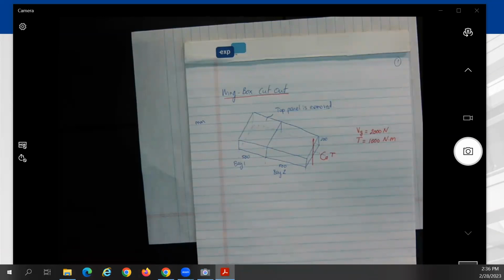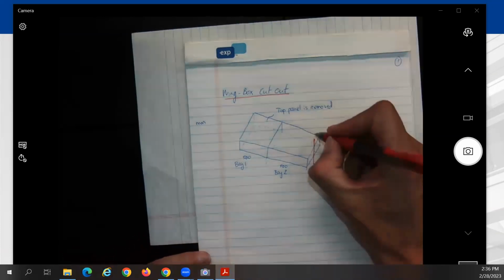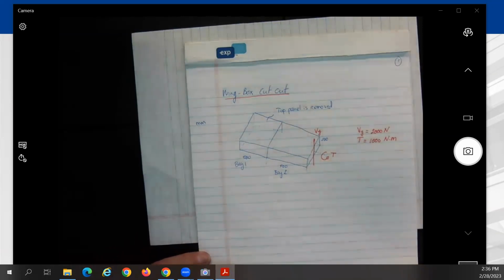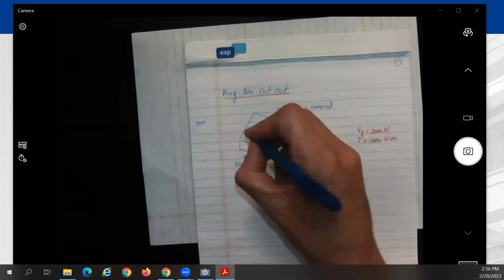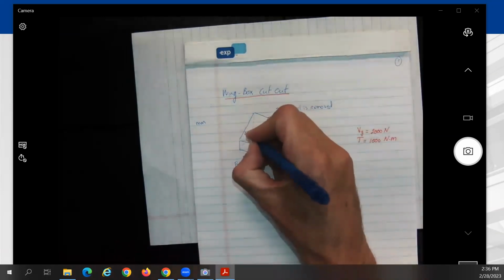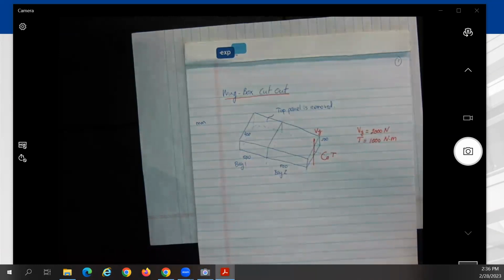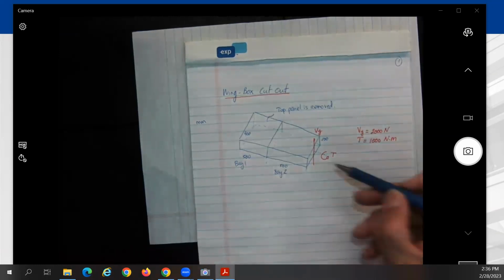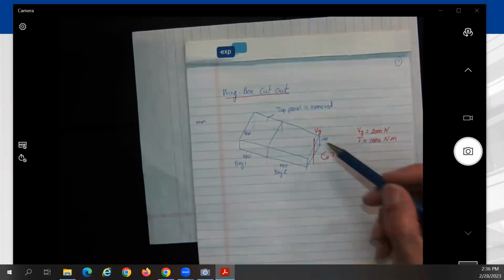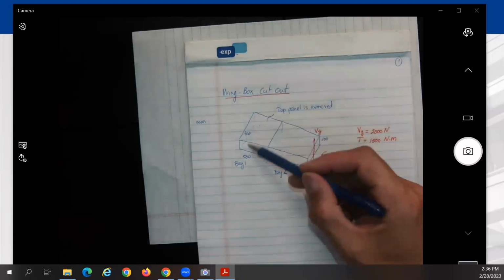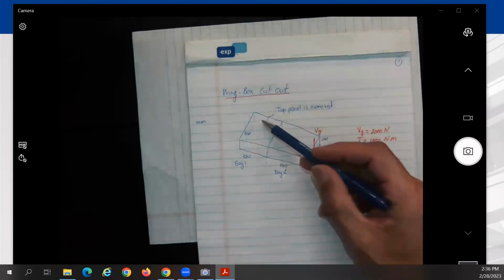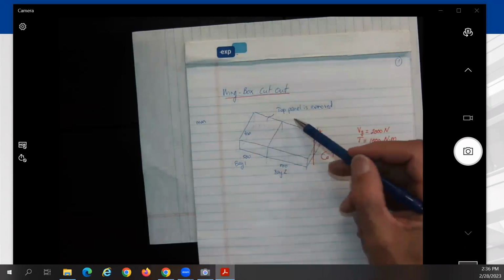That's going to affect something structurally. Do you visualize what's happening over here? And the width over here is 400. Do you visualize this? It's a box with panels, with two bays, and then you remove the top panel of the first bay.